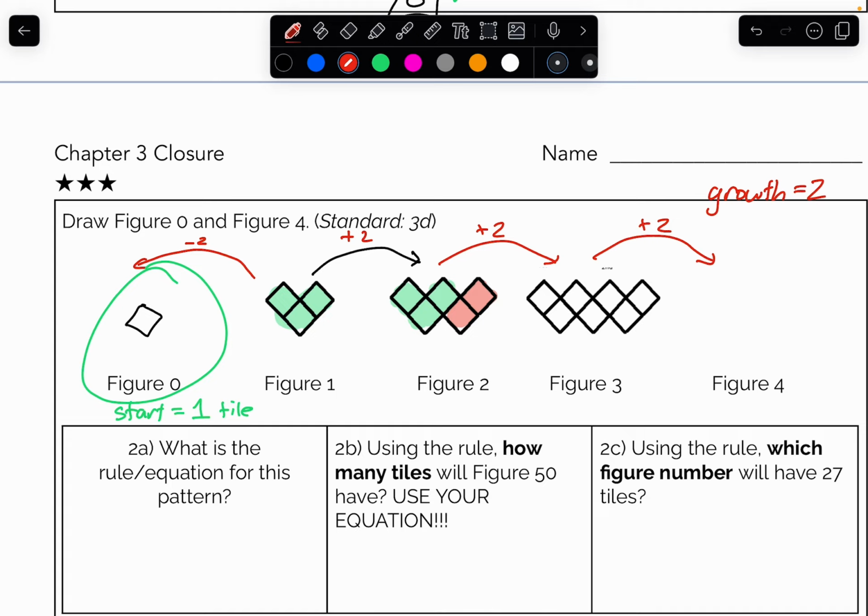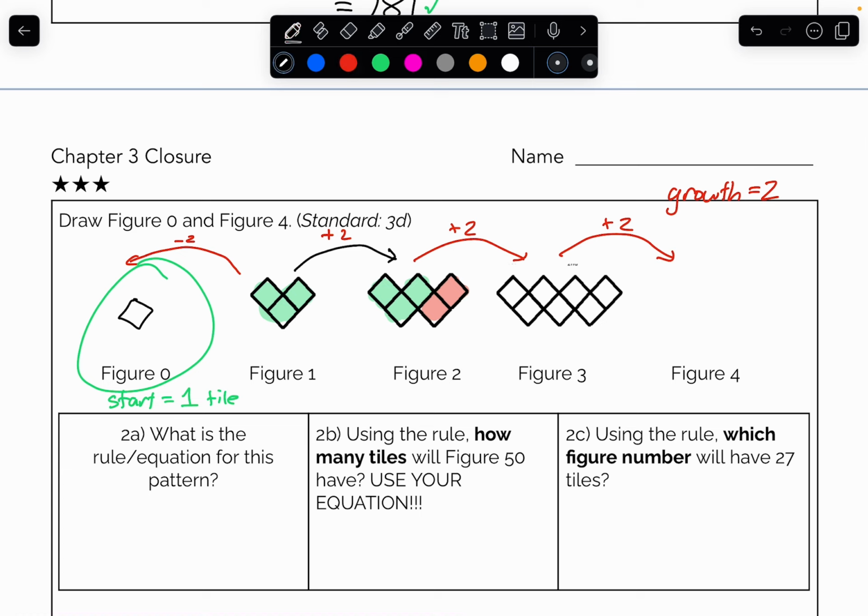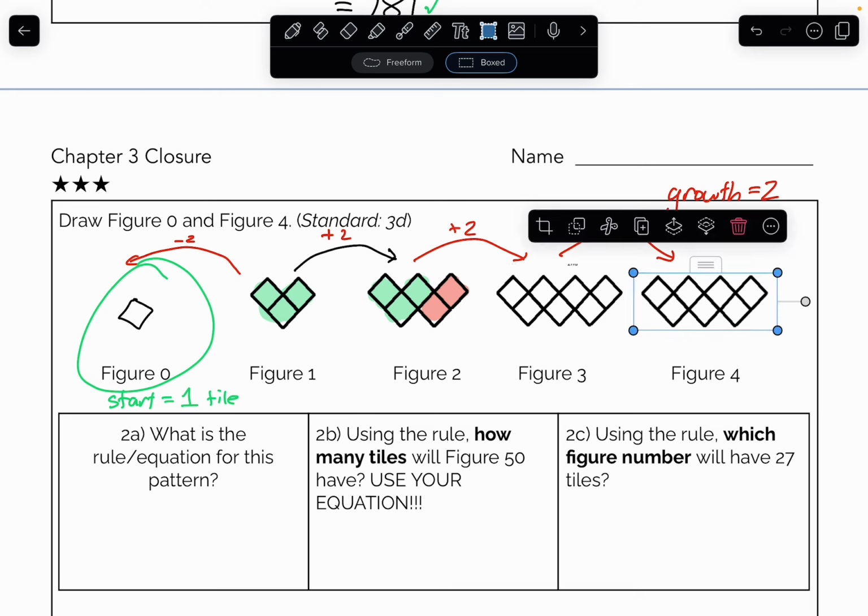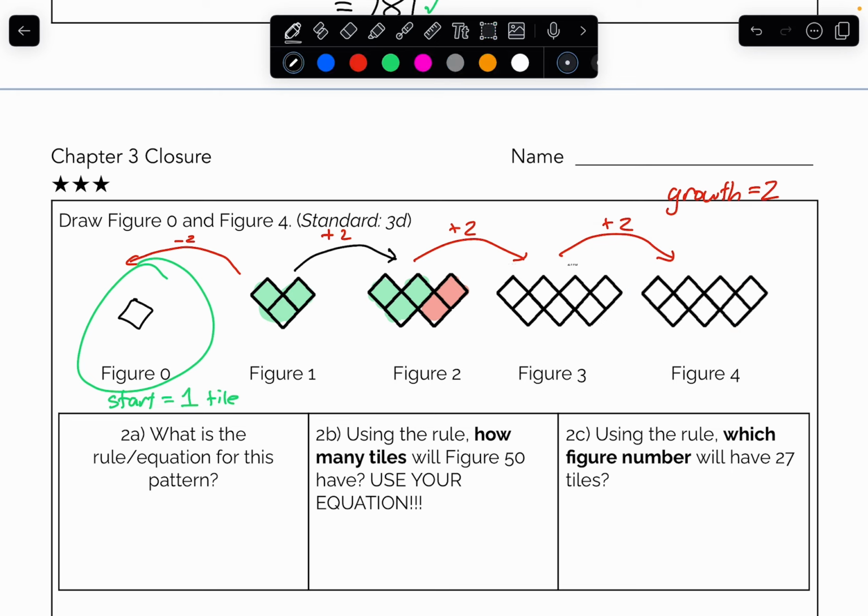I guess you could say tiles there, 2 tiles per figure number. Okay, so now that means if I were to, I'm going to see if I can do something here. Can I copy this image? Oh, that's awesome. So if I am able to just add 2 more tiles here, it would look something like that for figure 4.